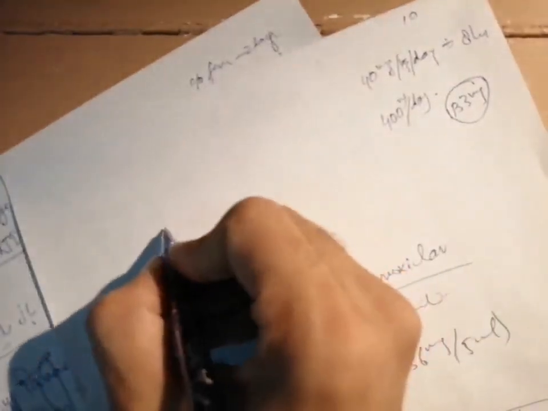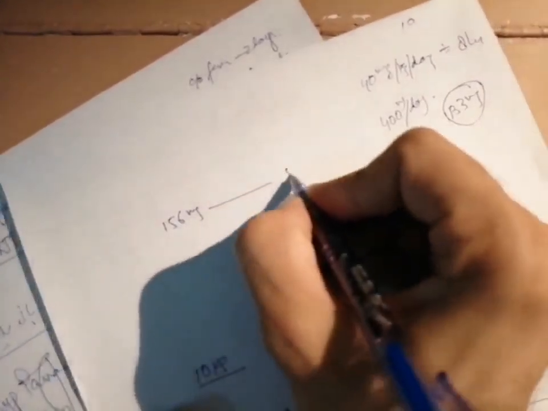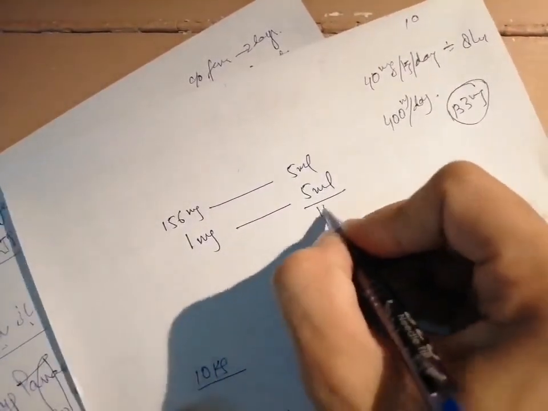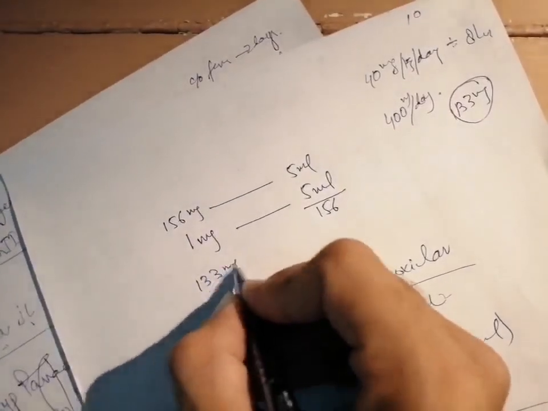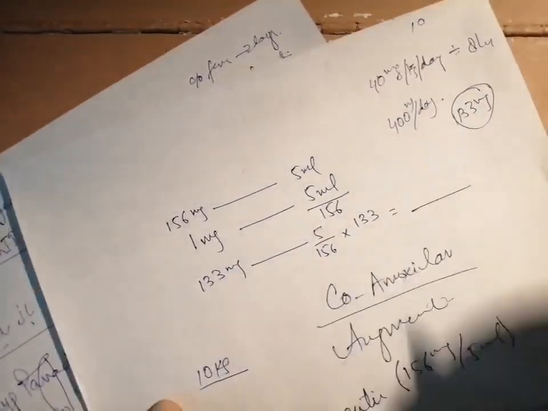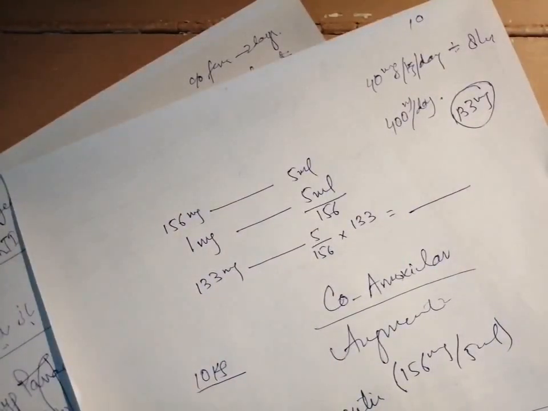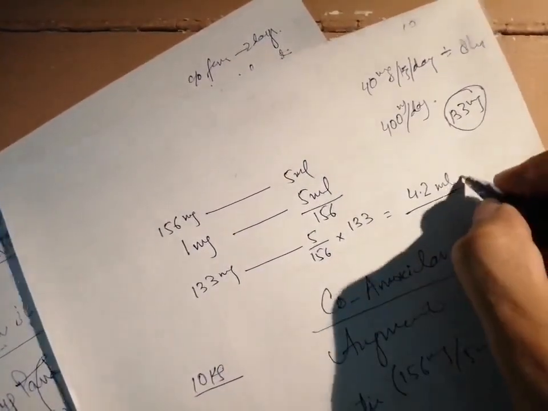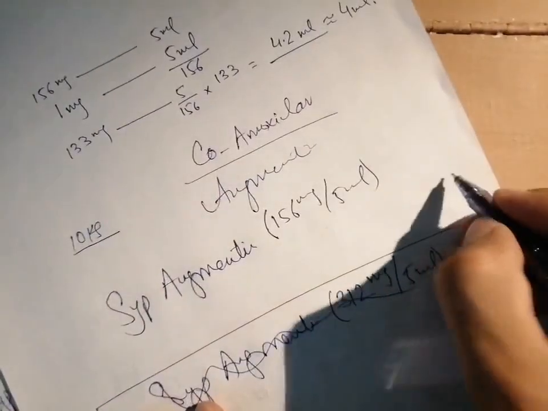So see, if I'm using this 156 milligram per 5 ml, but I have to give 133 milligrams, so 156 milligram is in 5 mls. 1 milligram is in 5 ml divided by 156, and 133 milligram will be 5 over 156 into 133, which is 4.2 ml.